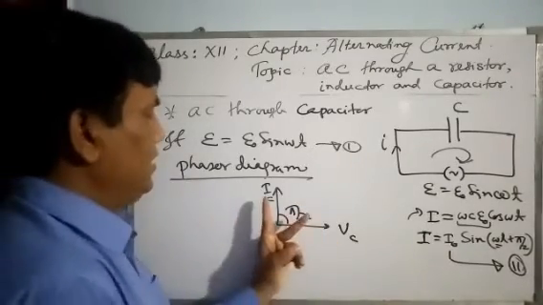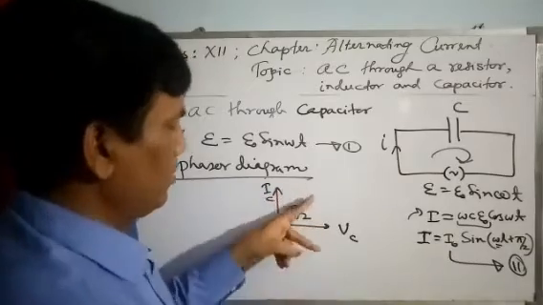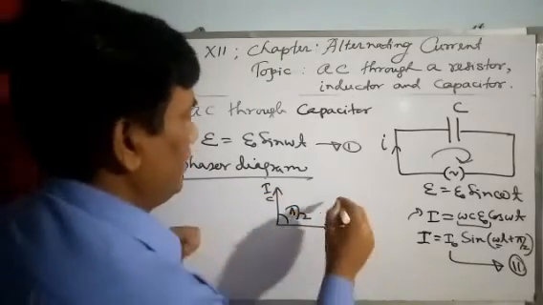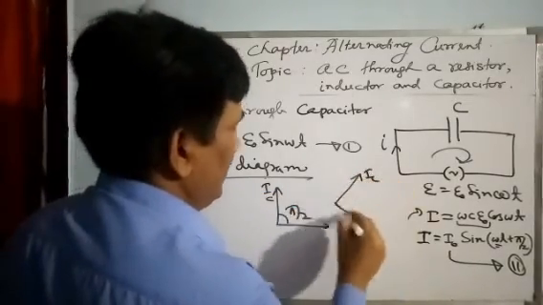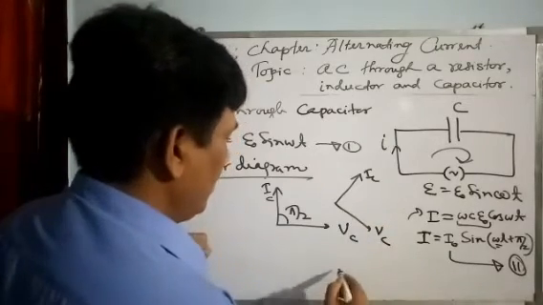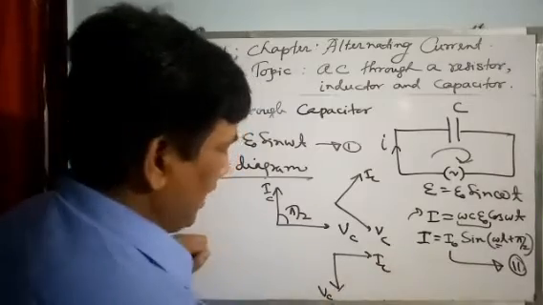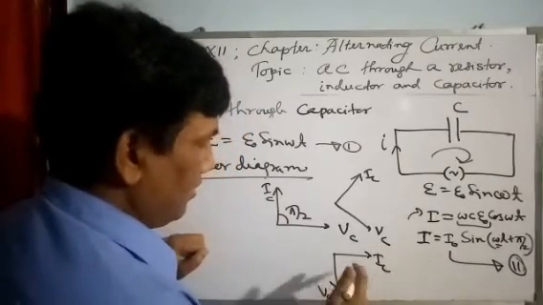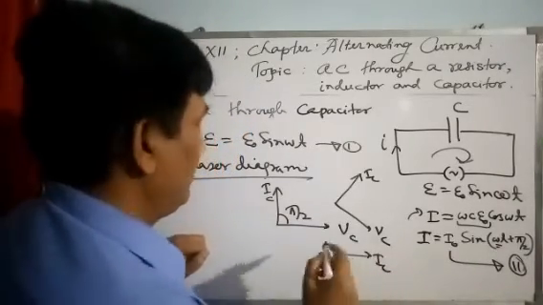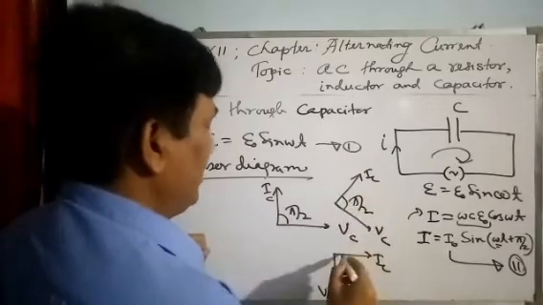You can draw it that way, or you can draw that also, no problem. That is VC, that is IC. But you can put this as I, this as V, because then the lagging and leading concept will be different. So that is pi by 2, that is pi by 2.